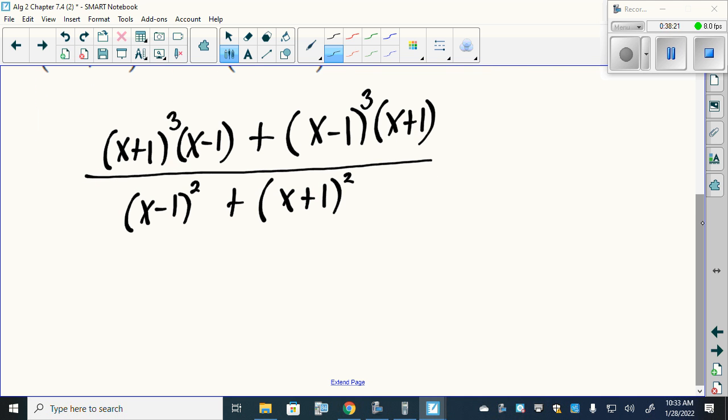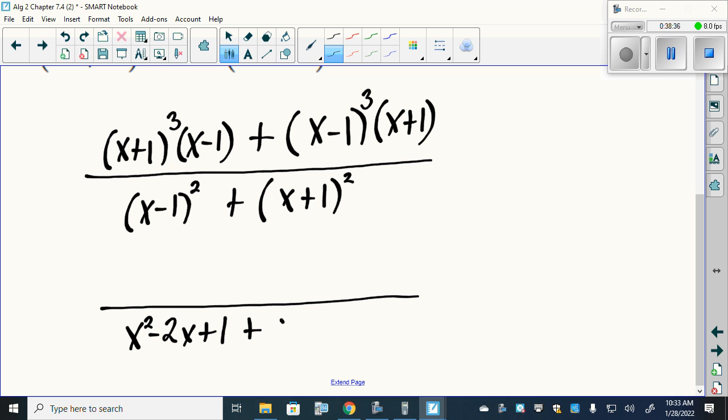So we get this here. Now the denominator, as we saw already, x minus 1 squared is just x minus 1 times x minus 1, which will actually give us x squared minus 2x plus 1. Plus here is going to be x squared plus 2x plus 1.